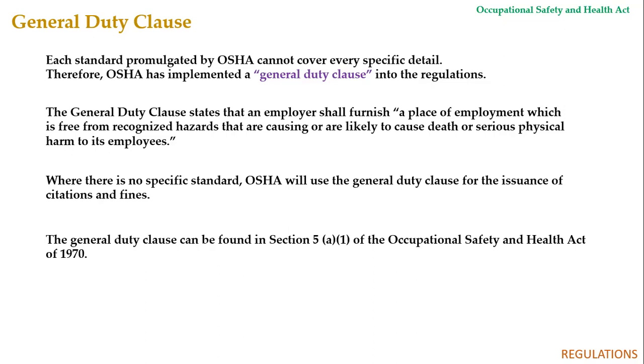Every detailing of the hazards specific to the industries, which cannot be made possible, comes under the general duty clause. So the general duty clause is applicable by default to all workplaces, that is, to the employers.